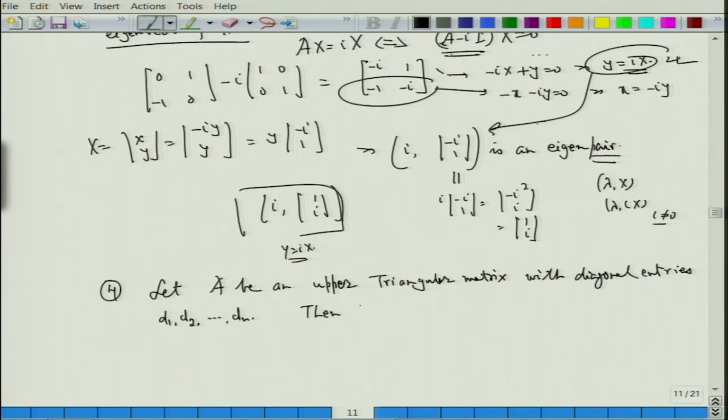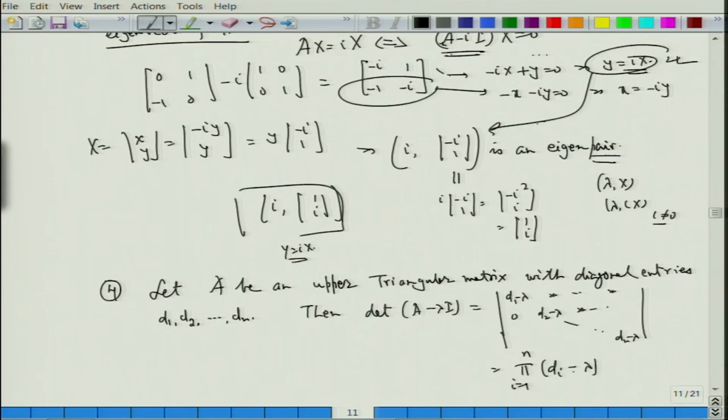Then what we know is that the determinant of A minus lambda I will be equal to d1 minus lambda, then there will be some things here, similarly 0, d2 minus lambda and something here, and finally dn minus lambda. Since it is an upper triangular matrix, the determinant of this is nothing but the product over i equal to 1 to n of di minus lambda, and this will imply that the eigenvalues of A are d1, d2, dn.